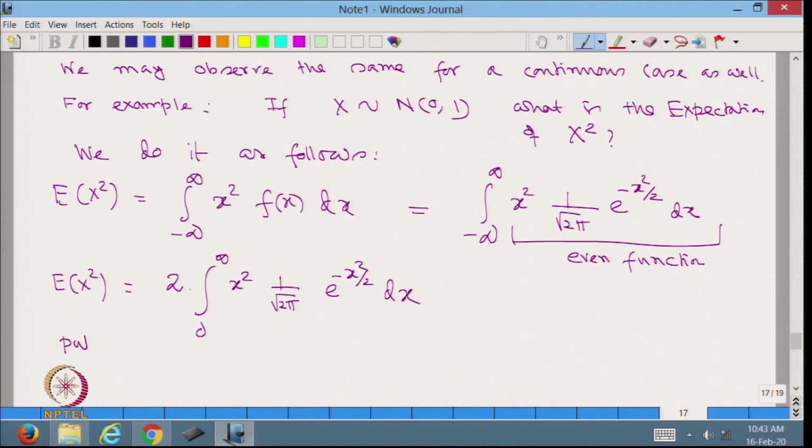Put x square is equal to z, therefore, dz dx is equal to 2x, therefore, dx is equal to dz upon 2x is equal to dz upon 2 root over z.